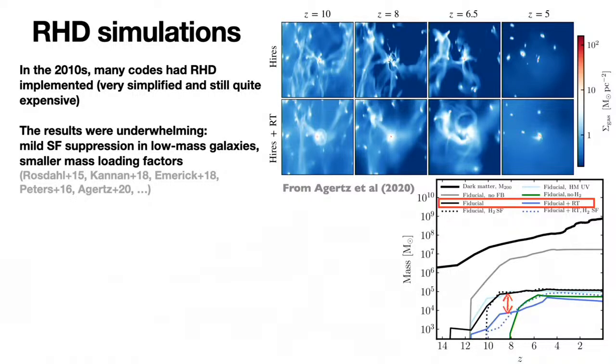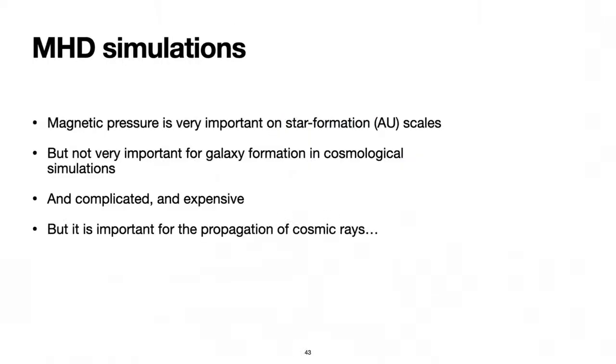So you hold on to more gas, but eventually you form stars out of that gas that you hold on to. So you just delay a bit the star formation, but eventually you get more or less the same mass of the galaxy. So you get effects from radiation feedback, but you don't get very huge effects from it. And certainly not enough to explain the strong suppression in observations.